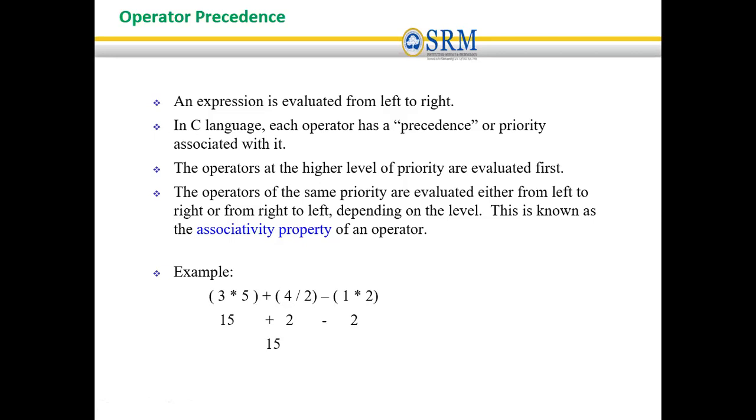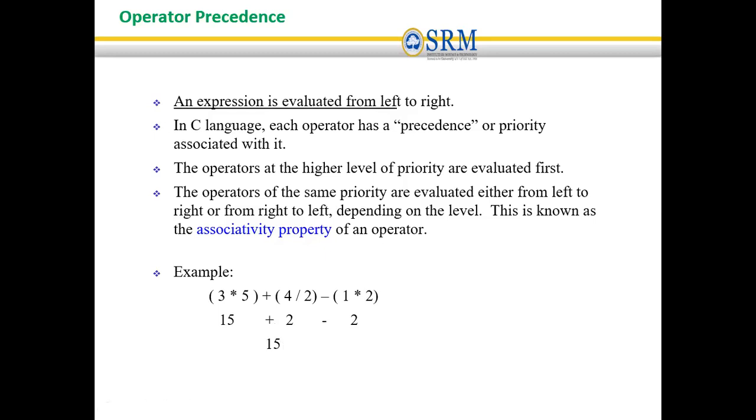So the result will be 15 plus 2 minus 2. And again here, plus and minus have the same priority, so it may be evaluated from right to left or left to right. But the final result will be 15.